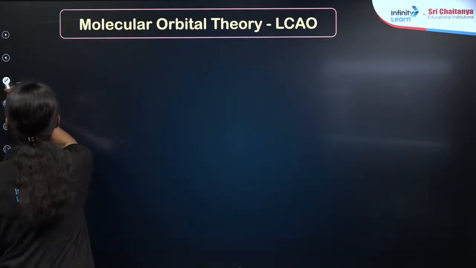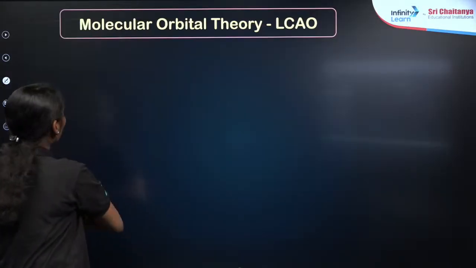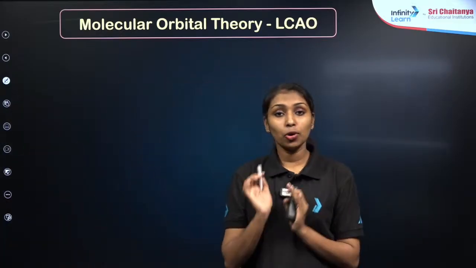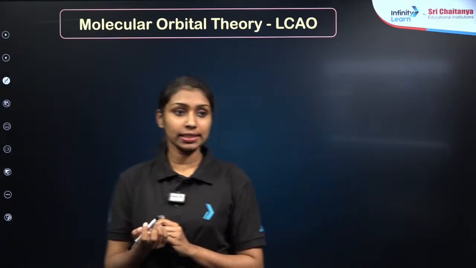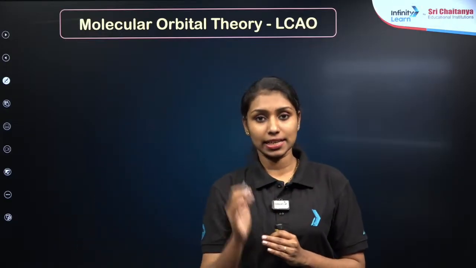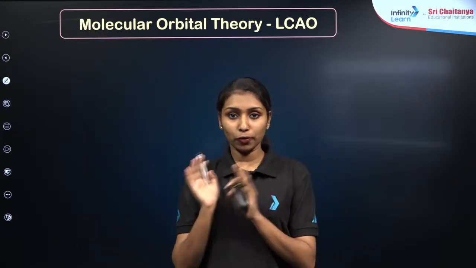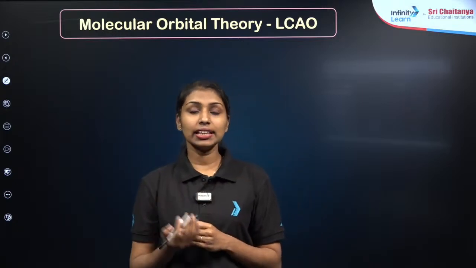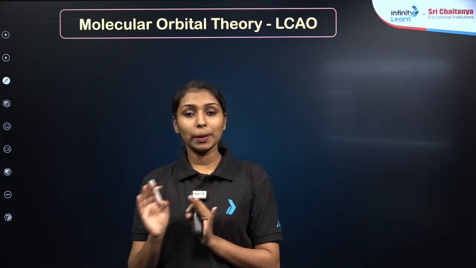Now the question arises: how are these atomic orbitals combining, or how are these molecular orbitals exactly forming? Again, in your second chapter, structure of atom, you studied the shape of atomic orbitals. There we derived that atomic orbitals are described by wave functions.